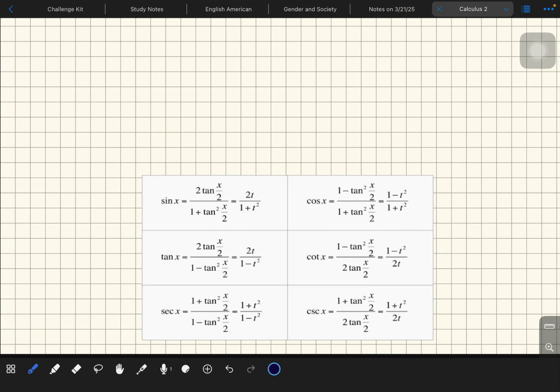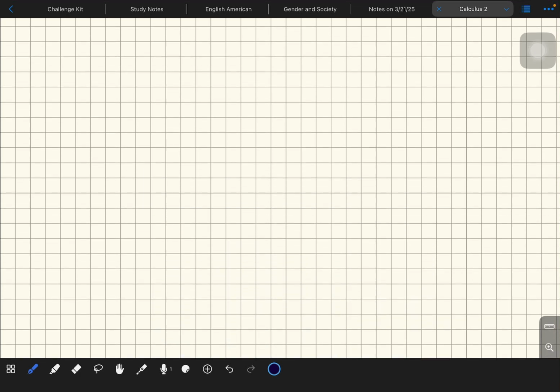Cosine x is equal to 1 minus t squared over 1 plus t squared. Tangent x is equal to 2t over 1 minus t squared. Cotangent is 1 minus t squared over 2t. Secant x is 1 plus t squared over 1 minus t squared. Cosecant x is equal to 1 plus t squared over 2t.